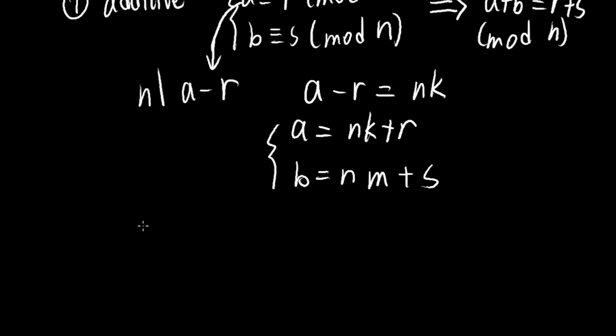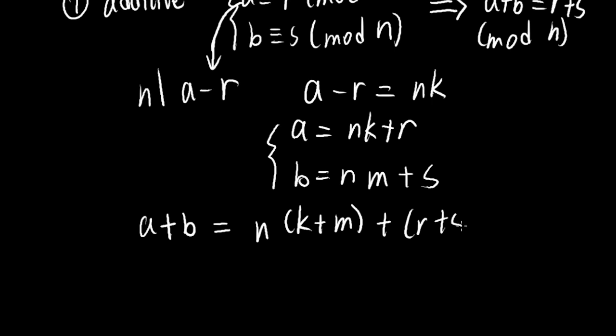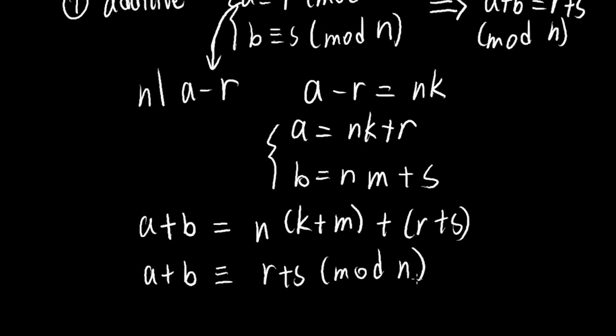As a result, when we add a and b, we have n times k plus m, plus r plus s. And when we mod n, we get that a plus b is congruent to r plus s mod n, because this is divisible by n, which shows that modular arithmetic is additive.